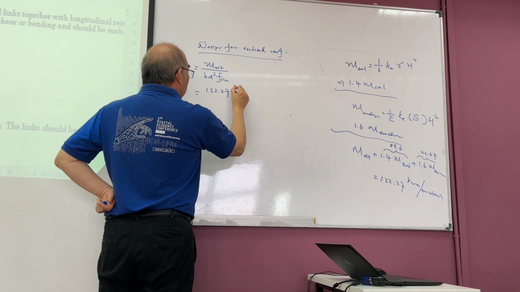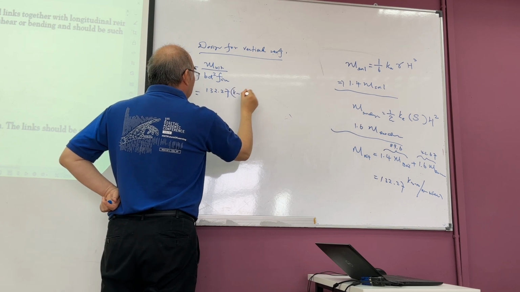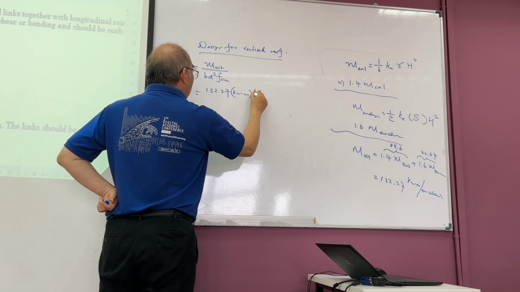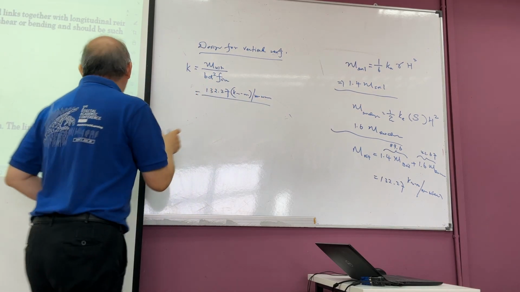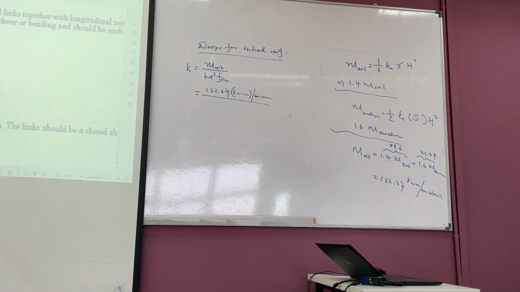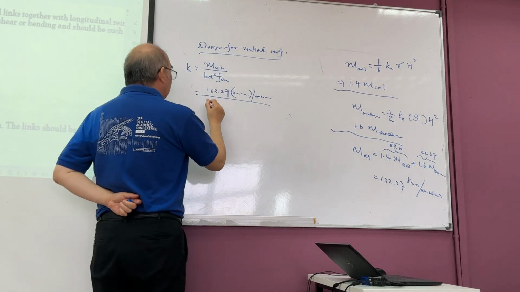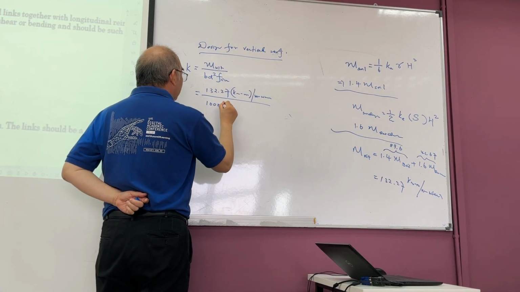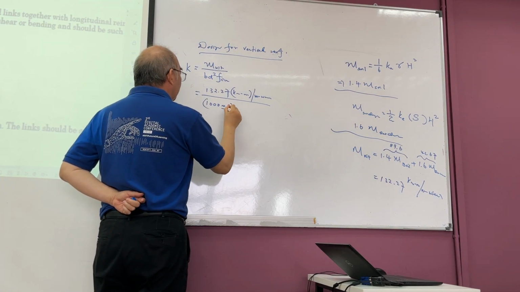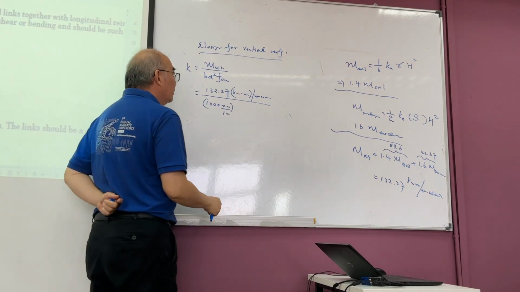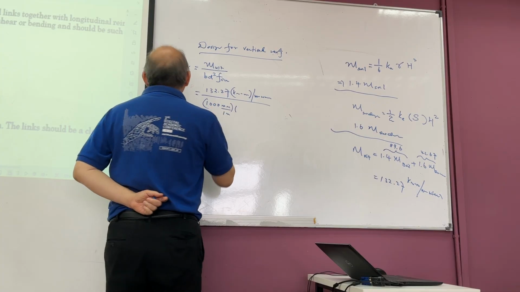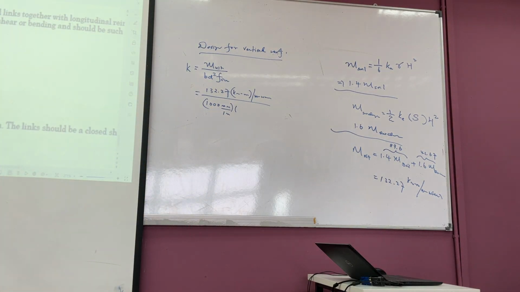So here, in this case, M is 132.27 kilonewton meter per meter width. B is the width here, which is 1000 millimeter per meter. 1 meter width is 1000 millimeter, right? And D depends.